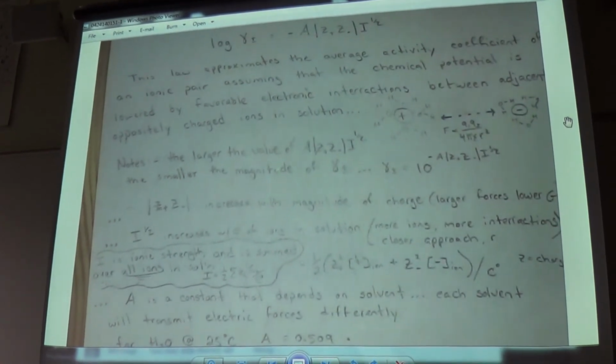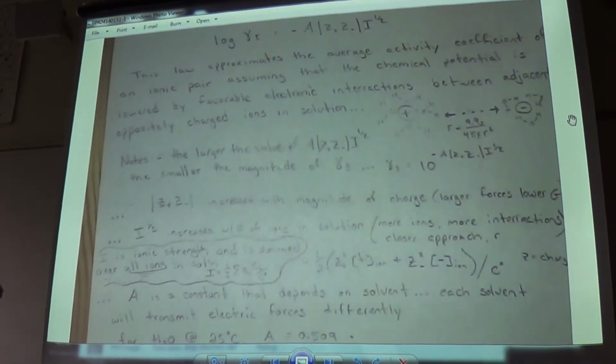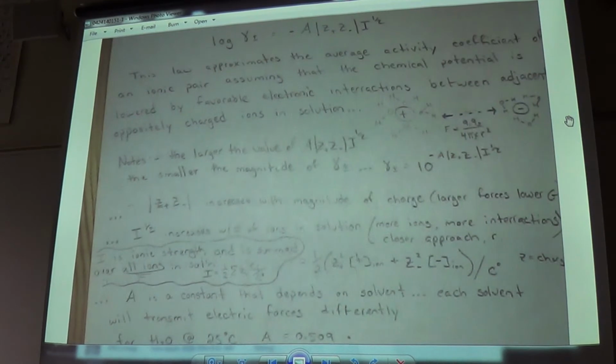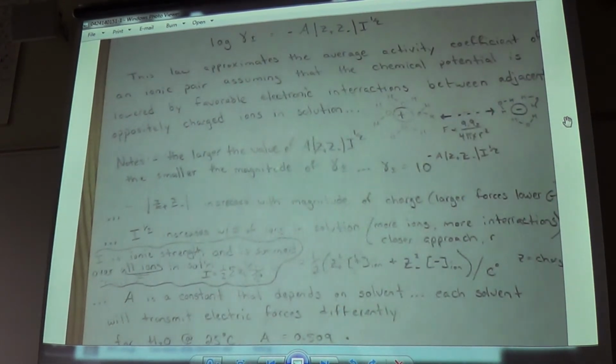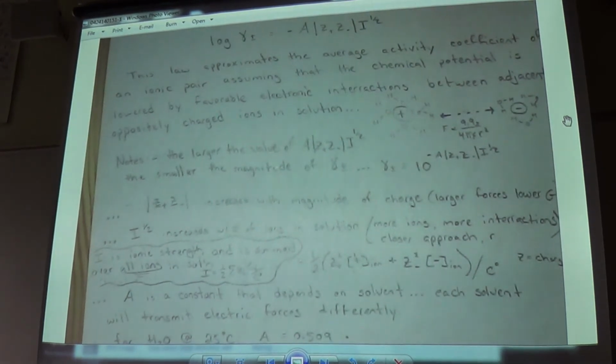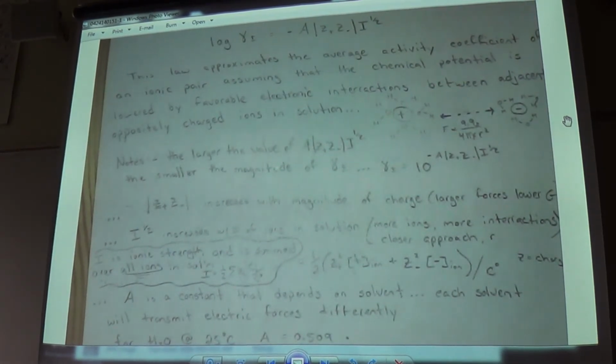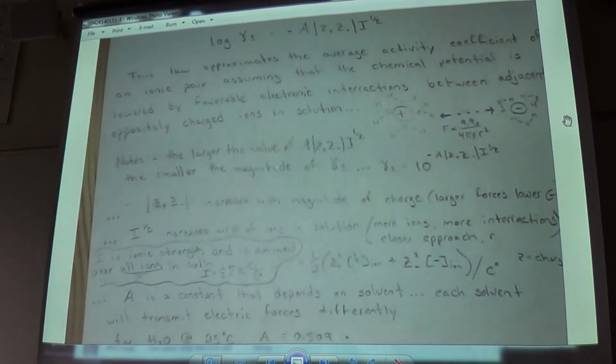This is not absolutely true. We talked about this. We said that when systems are dilute, because there aren't a lot of ions around, the magnitude of forces felt between ions is small, but as the system grows in concentration, you get more ions around. The strengths of these forces increase as the concentration of ions around you increases.